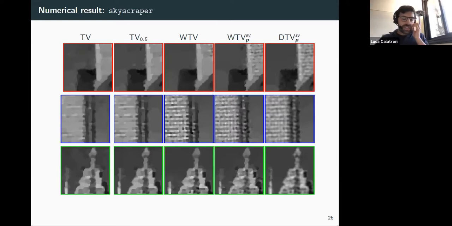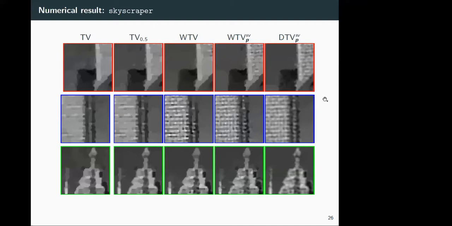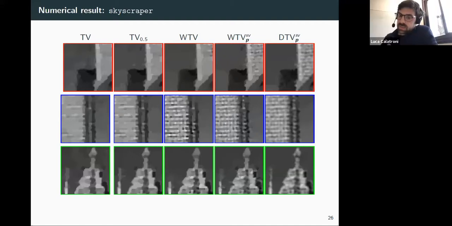One other thing that I can say is that, as I said very quickly at the conclusions, right now I believe that there is room for improvement from the point of view of numerical discretization, because right now we are estimating parameters, but then the gradient that we compute is still a forward difference on the standard grid.